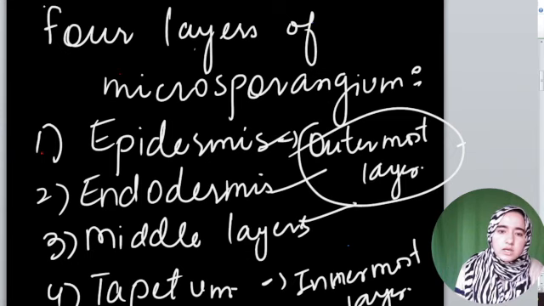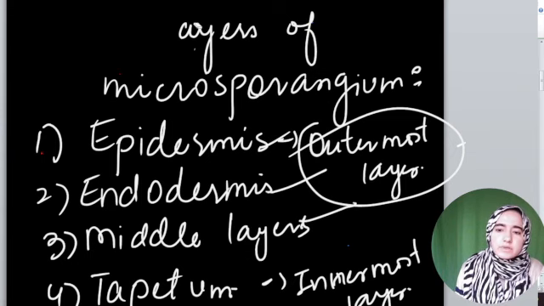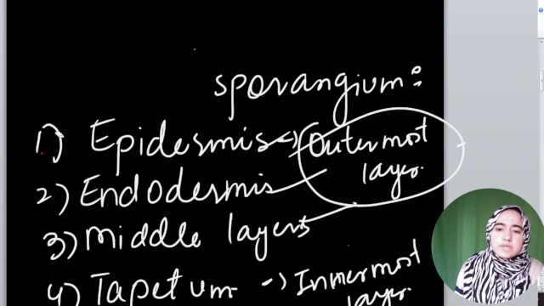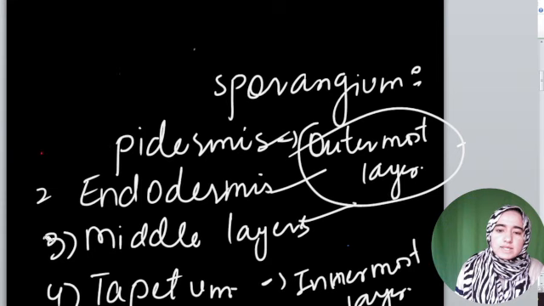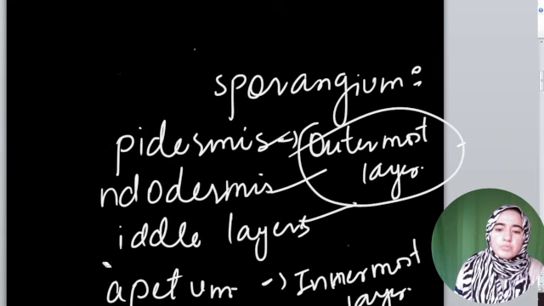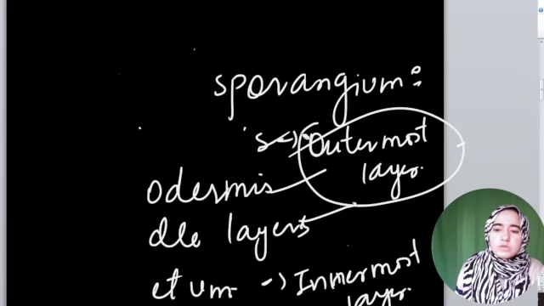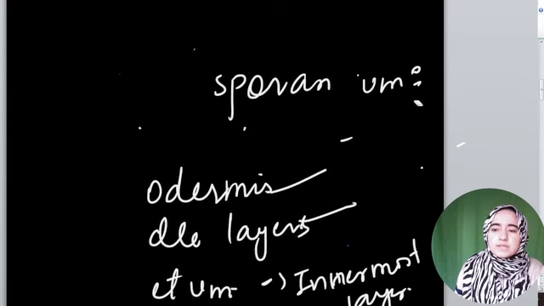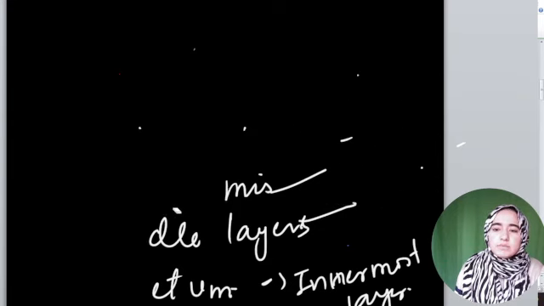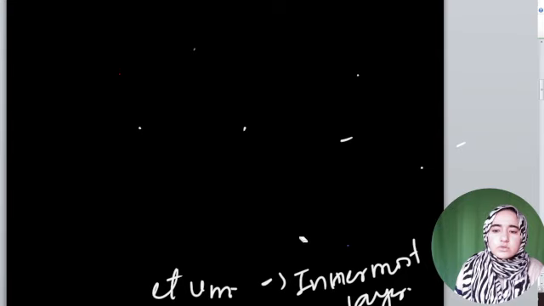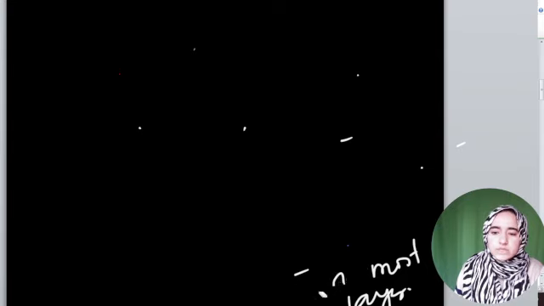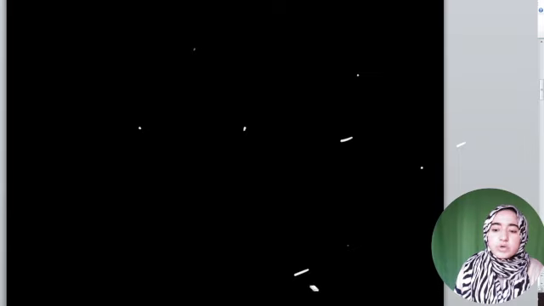Now I'll show you what will happen. We will bring out one cell of the sporogenous tissue, that is a microspore mother cell or pollen mother cell. Each microspore mother cell has the ability to give rise to pollen grains, which further give rise to male gametes.